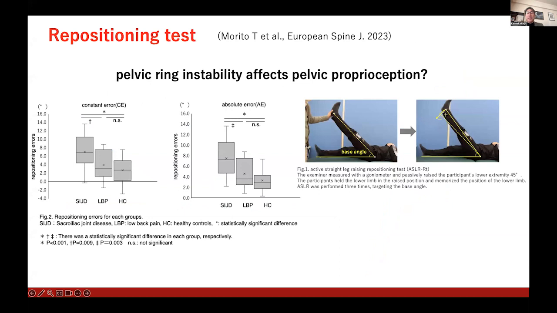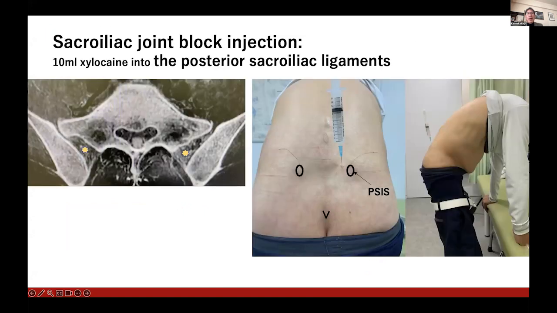We have reported that the repositioning test assesses the loss of lower extremity positional sensation, but those with SIJP cannot be accurately repositioned. A block injection into the posterior SI ligament was performed to evaluate the patient's low back pain pathophysiology.